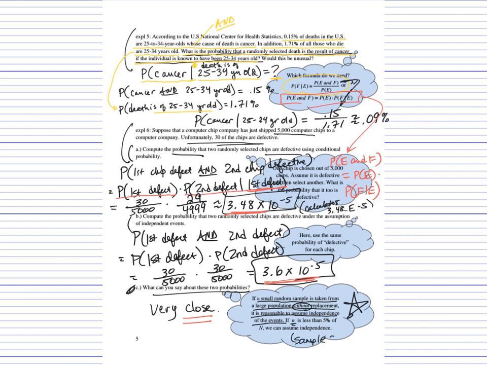Sample size, in this case, n is 2 for our 2 chips we were picking out. It's less than 5% of capital N, we assume independence. And so we can basically say we can use this method of finding the probabilities and not have to assume conditional probability.